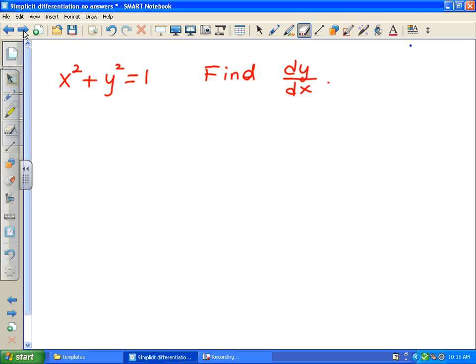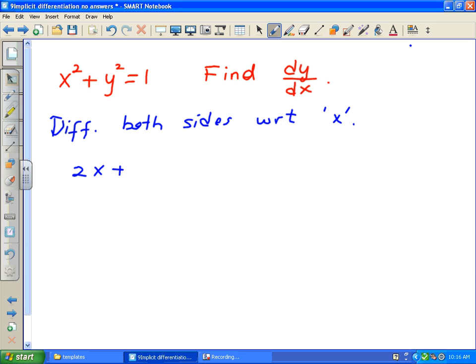So what we're going to do is differentiate both sides with respect to x. So this is the idea. Differentiate both sides with respect to x. I abbreviate it as WRT, with respect to x. So starting with the first term on the left-hand side, what is the derivative of x squared with respect to x? 2x.